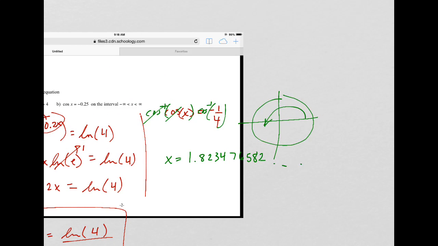Something like that. There's more, but I rounded. I'm just leaving it in my calculator for right now. So that's one of the angles.